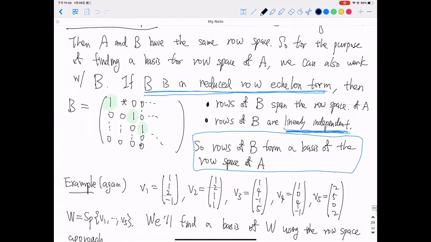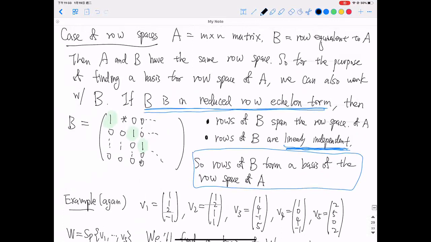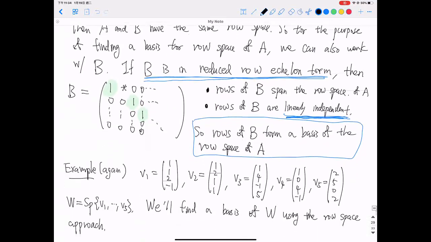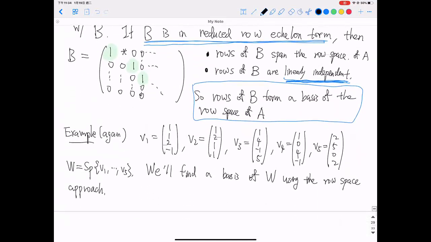As you can see here, the row space approach works for row spaces. So we must turn the space in question, that is W, into a row space. That's easy. All you have to do is put these vectors v1 through v5 into rows of a matrix. Well, you may say they are column vectors as written, but you can just flip them or transpose them, whichever you like to call it. Then they'll become rows.